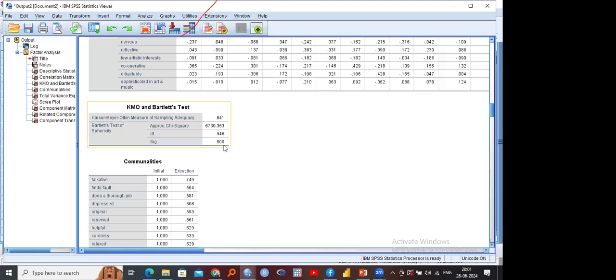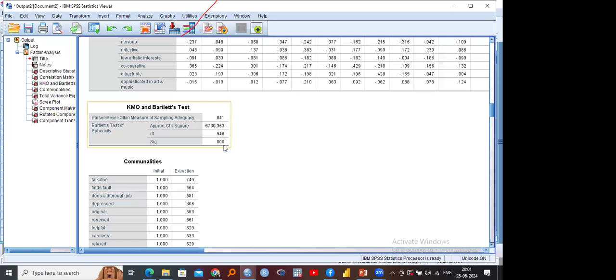I am repeating it once again. If this hypothesis gets accepted, you should not perform factor analysis. When a paper comes for review to us statisticians, if the value of Bartlett's test and KMO measure is not mentioned in a table, then at least it should be mentioned in the text of the paper.